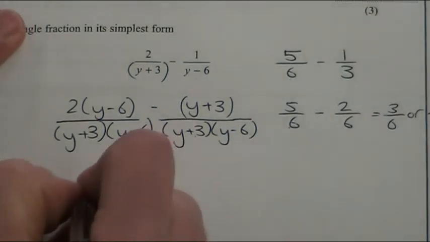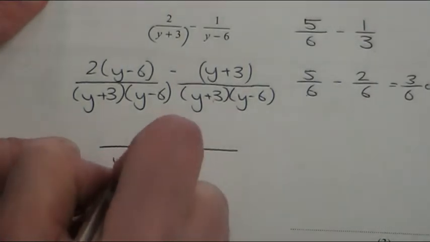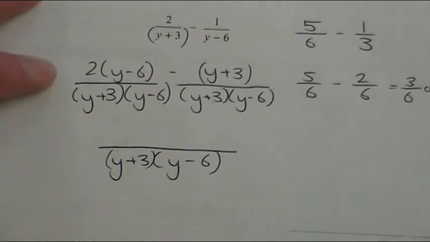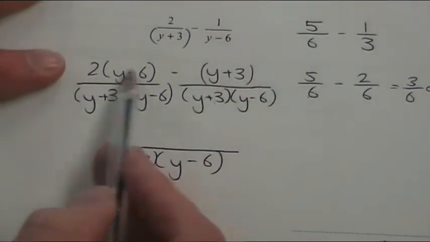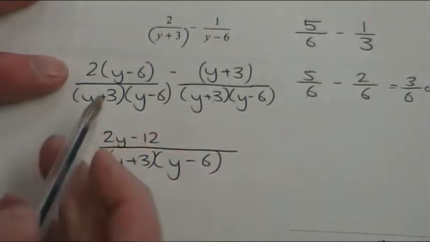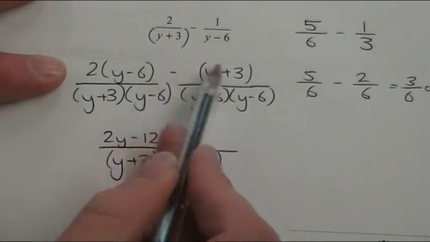So I'm going to now merge this into one fraction. So the bottoms will stay the same, like so, and we're going to do this. So I'm just going to expand that one, so 2y minus 12, and I'm going to take away a y, and I'm also taking away a 3.